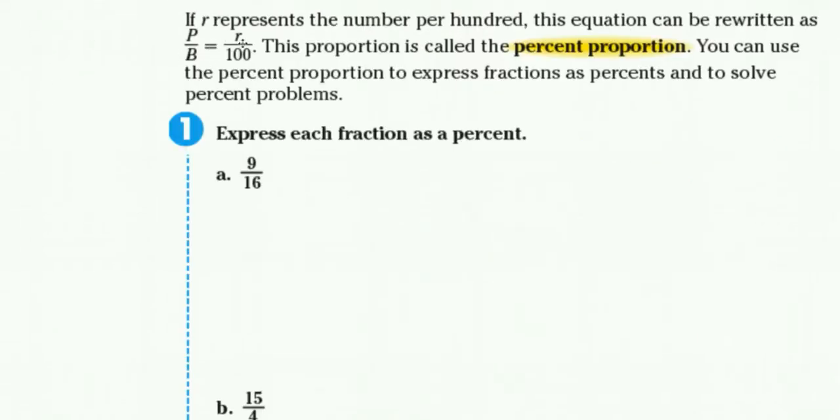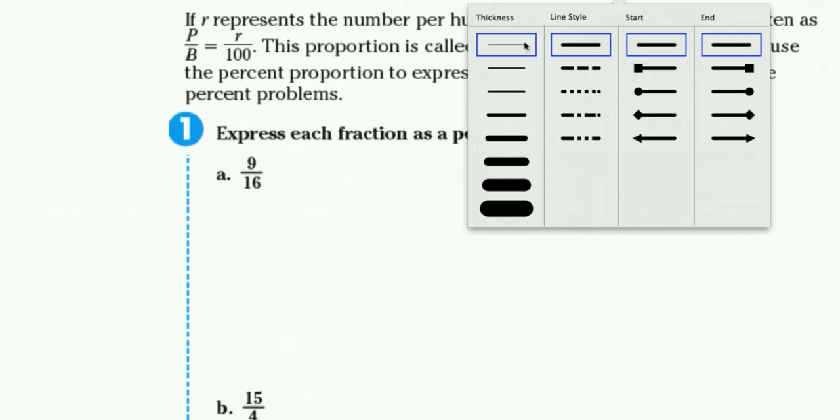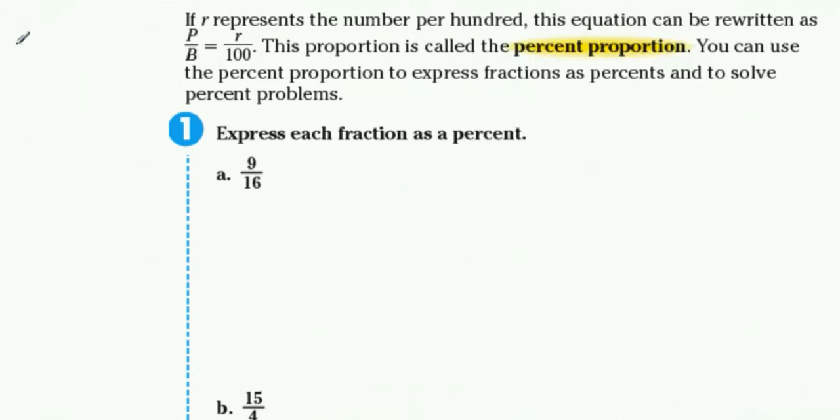If r represents the number per hundred, this equation can be rewritten as P over B equals r over 100. The equation from the previous page is P over B equal to capital R. It can also be rewritten as P over B is equal to lowercase r over 100.